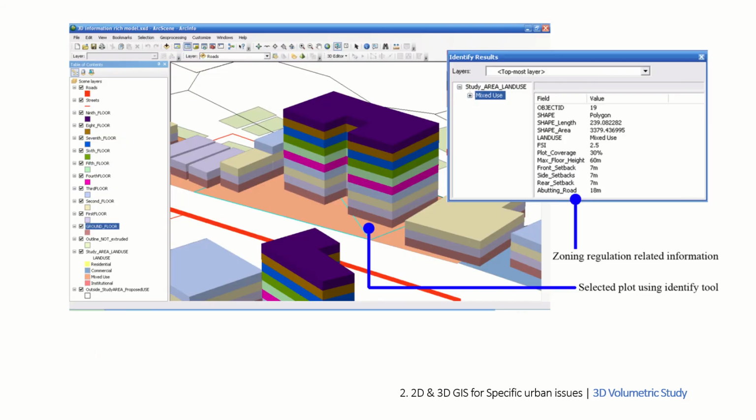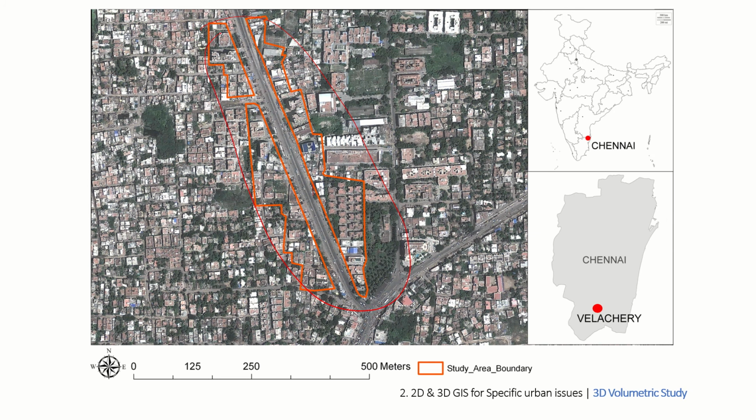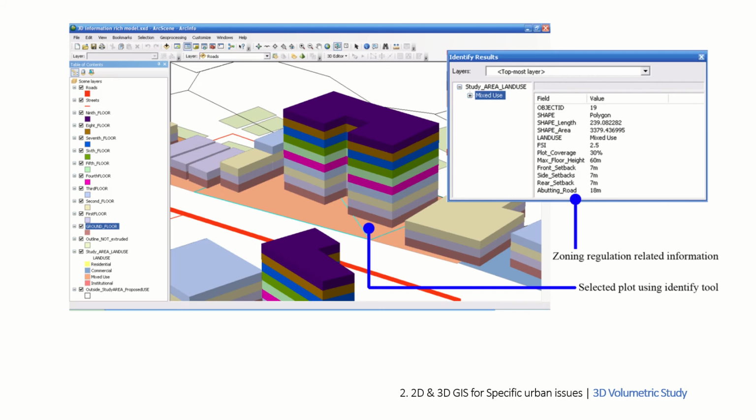What we did, of course these things you probably know. If we have mapped this particular area, we need certain planning information and building information. Planning information, for example, is the FSI, the plot coverage, the maximum building height that we can build there, the setbacks required, the abutting road, and so on and so forth.